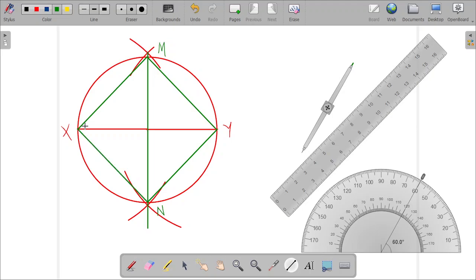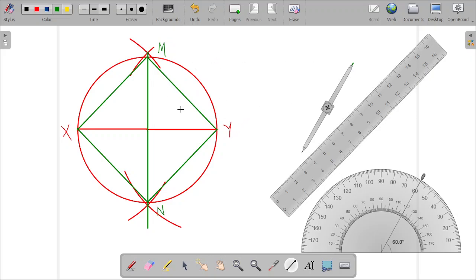It's a square because the distance from X to M is the same as M to Y, the same as Y to N, the same as N to X. The square looks rotated, but it's still a square. That's how you inscribe a square in a circle.